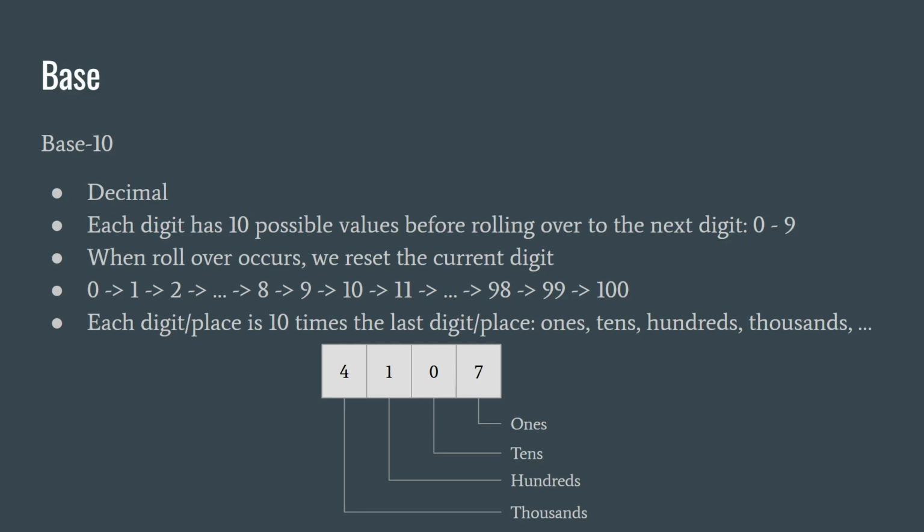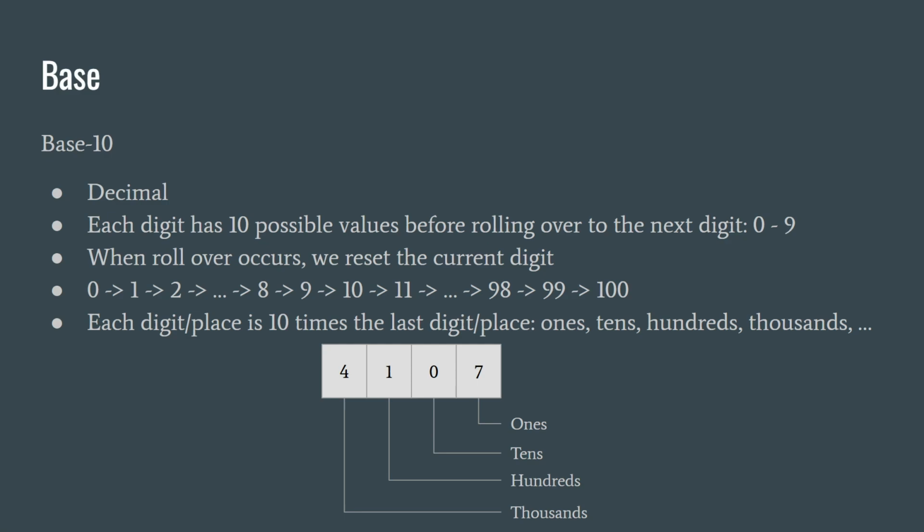And then you continue again until you get to 19, and then you roll over and increment the 10's digit again and reset the 1's digit. You just keep on repeating that until you get to 99. Then you roll over the 1's digit, which causes the 10's digit to roll over, and so you increment the 100's digit.